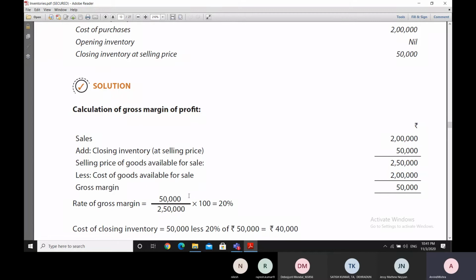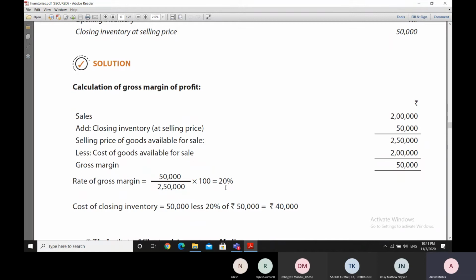So we divide 50,000, which is the gross profit, by the selling price of the goods available for sale, which is 2,50,000, and multiply by 100 to get a gross margin or gross profit margin of 20%.